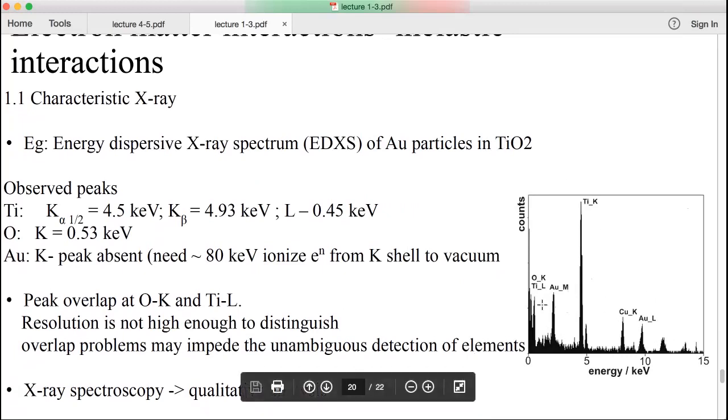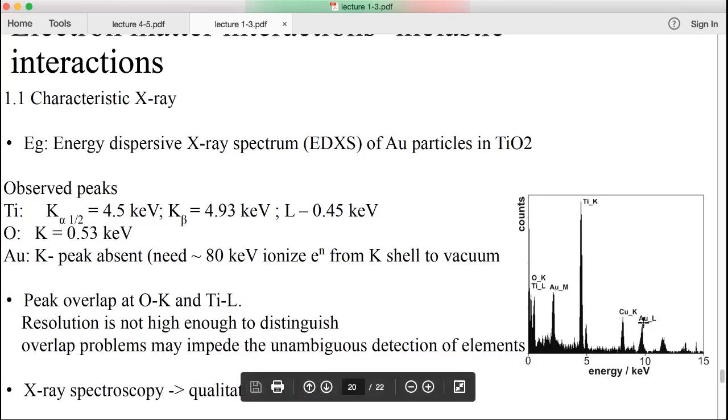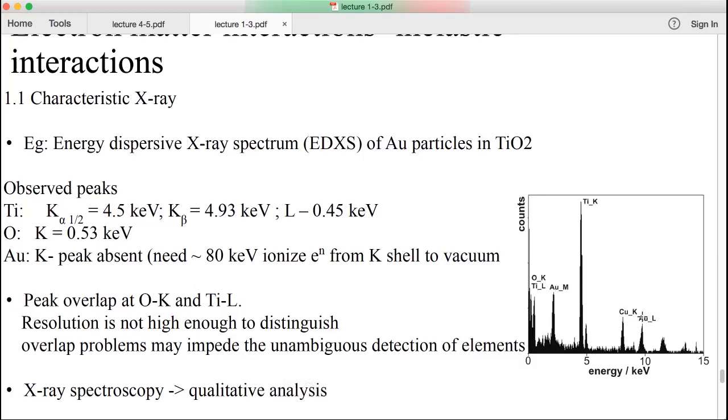So you can see we have detected titanium, we have detected gold or Au, then we have the oxygen peak, we have copper K, and then we again have oxygen. So just by looking at this energy dispersive X-ray spectrum, we know that we have titanium, we have oxygen, we have gold. Right. So this is a qualitative analysis.